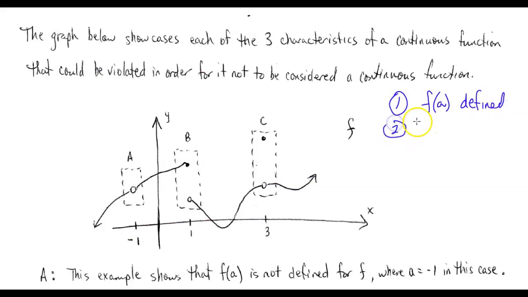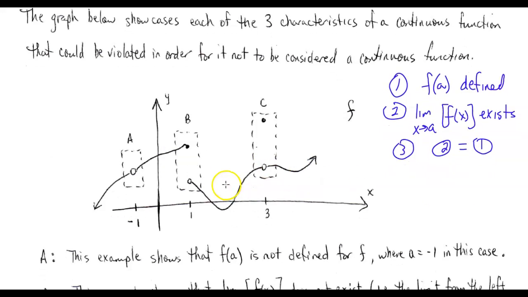The second is that the limit as x approaches a of f of x exists, which means that it ends up equaling a real number. And the third one is that the result for the limit has to be equal to the result for the function, the y value of the function at x equals a. So we're going to look at what it looks like if we purposely violate one of these criteria at a time.